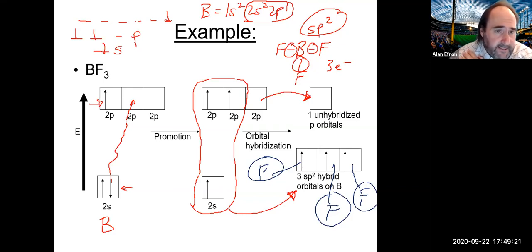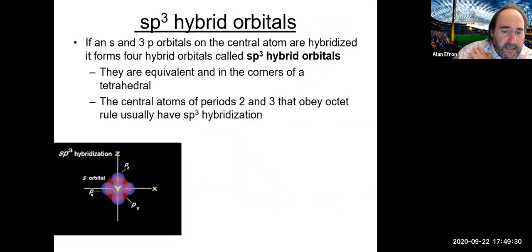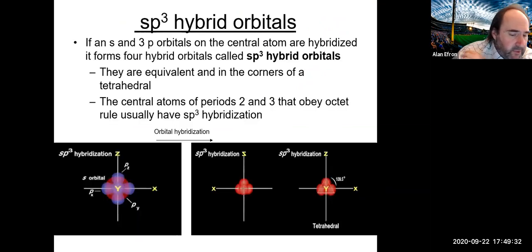That then takes us to sp3 hybridization. And sp3 hybridization, much like the name implies, is when we take 1 s orbital and all 3 p orbitals and hybridize them together. If you just count the letters, 1 s and 3 p's, that is 4. So that's like 4 electron pairs.